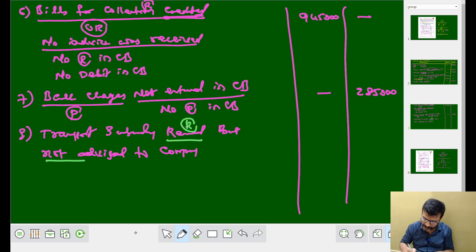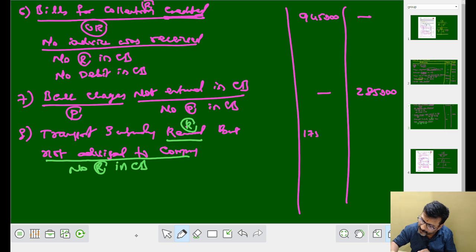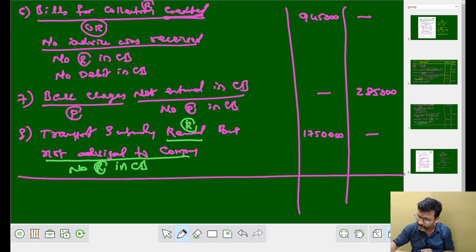Receipt, right? Not advised means what? No receipt in cash book. Means no debit in cash book. We have to take it in debit side. It is of rupees 17,50,000. Sorry, my dear kids.